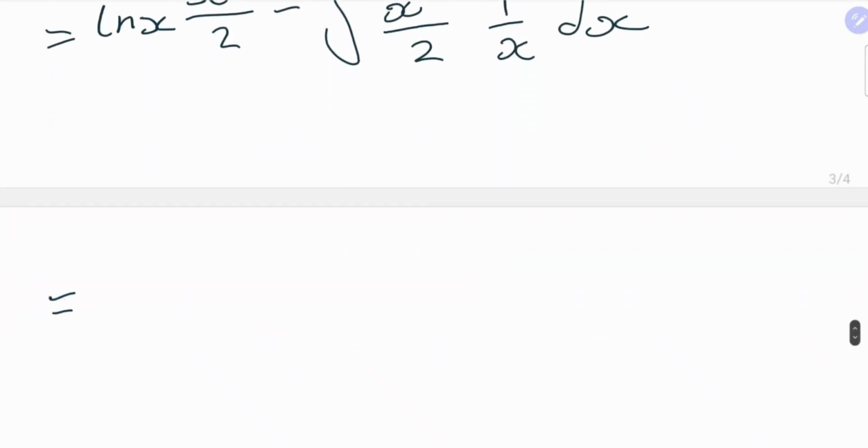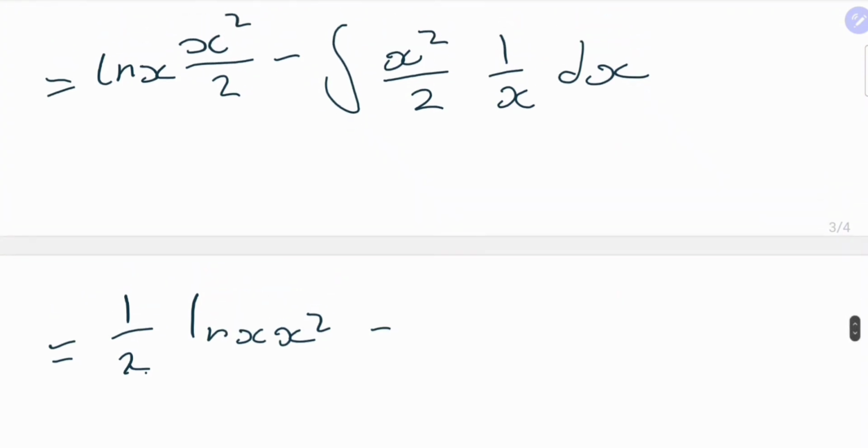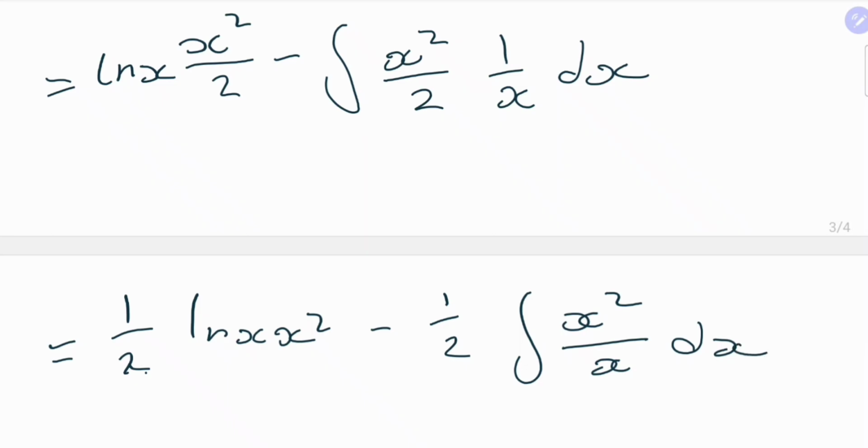So this equals 1 over 2 natural log of x squared, okay, minus 1 over 2 integral of x squared over x dx.